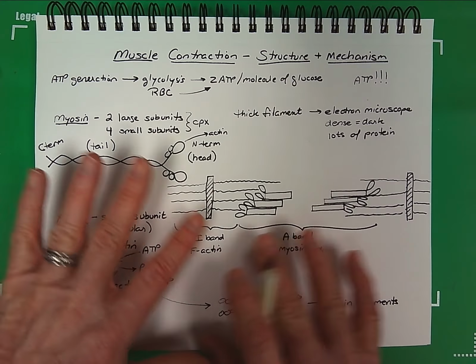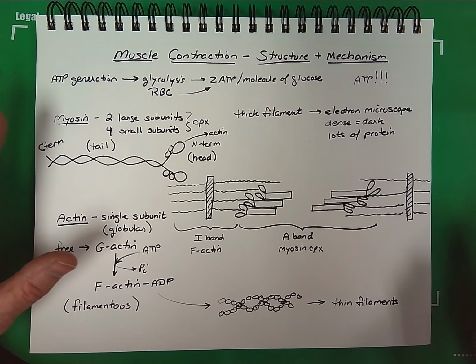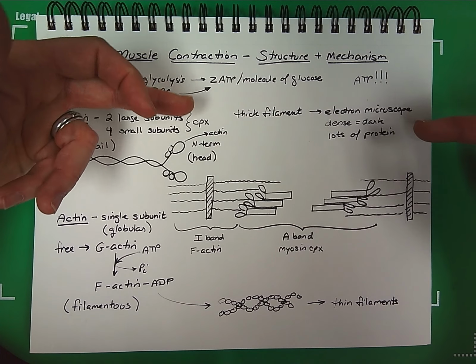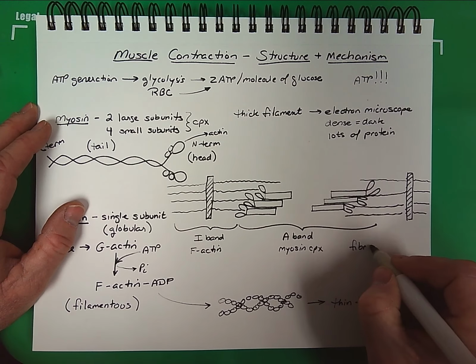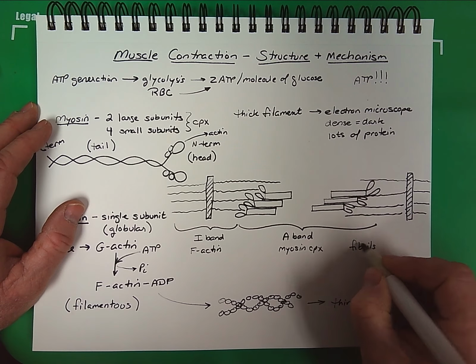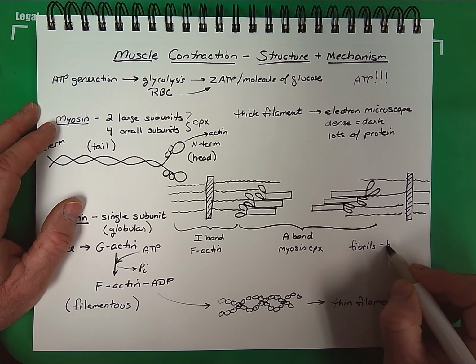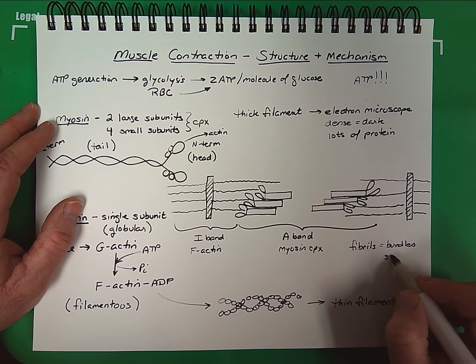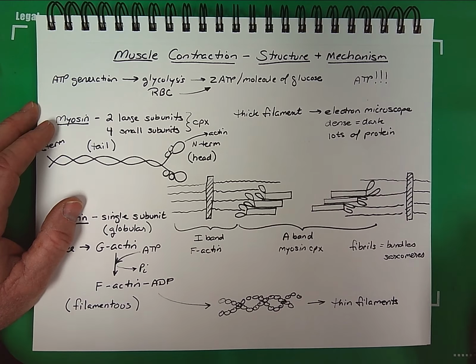Now, this entire unit is repeated over and over and over again millions of times and duplicated in order to form fibers. Smaller ones are called fibrils, and these are bundles of individual units called sarcomeres.